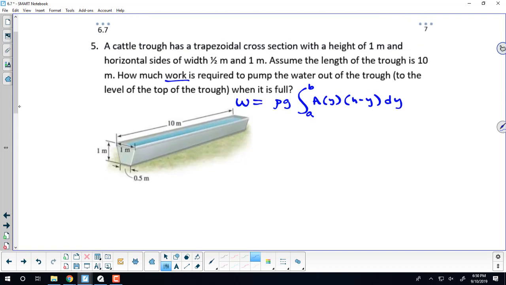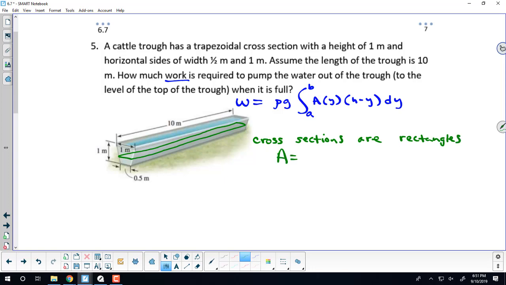So when we cut through here, what are our cross sections? Remember, we're working with respect to y, so our cross sections are like that. They're all rectangles, whose area is just length times width.